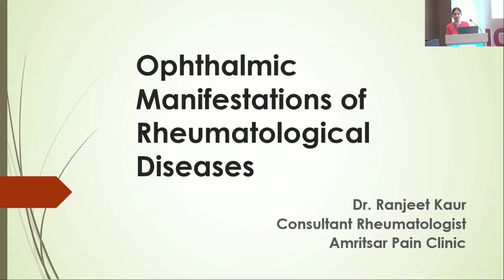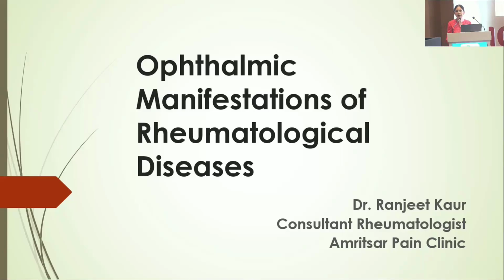Good morning, everyone. Thank you so much for this opportunity. Today, the topic of discussion is ophthalmic manifestations of rheumatological diseases. To introduce my topic, I can say that ophthalmic diseases are often associated with rheumatological disorders. The eye is an important indicator of many of these diseases.